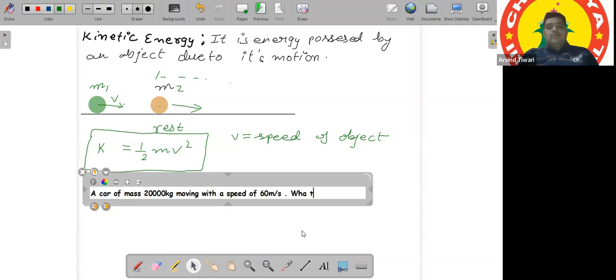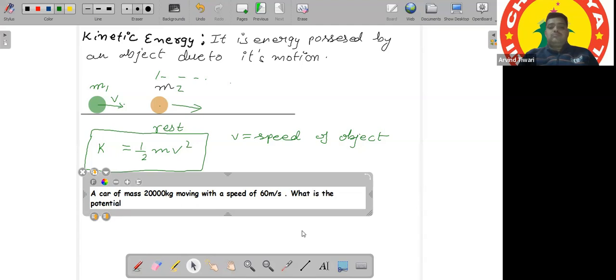You have to tell what is the potential energy of the car.